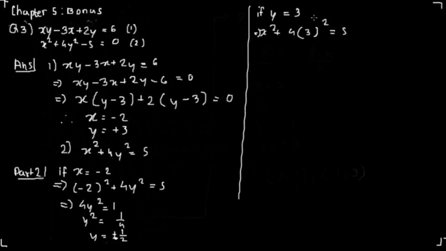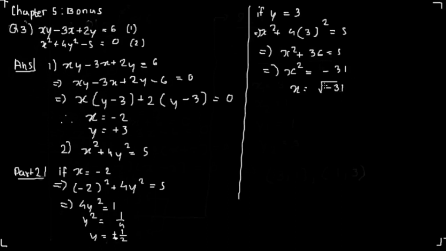So what that is, it's just x squared plus 36 is equal to 5. This may start getting a bit suspicious here. This is just 3 squared is 9, then times 4, so 36. You're like, okay, this is kind of weird. This is minus 31. So x squared is equal to minus 31, so x is the square root of minus 31.